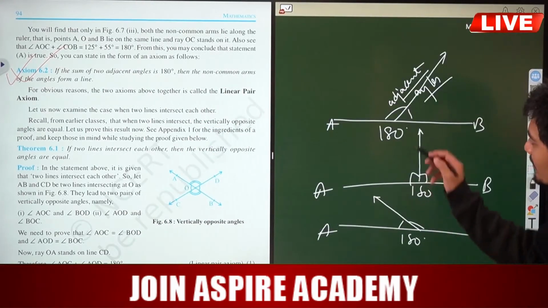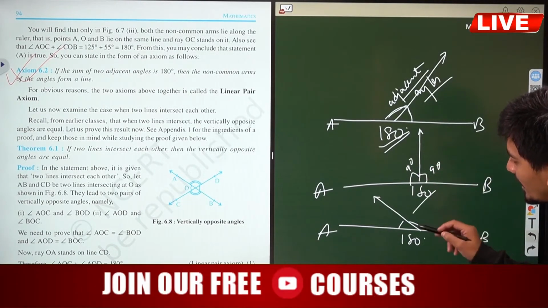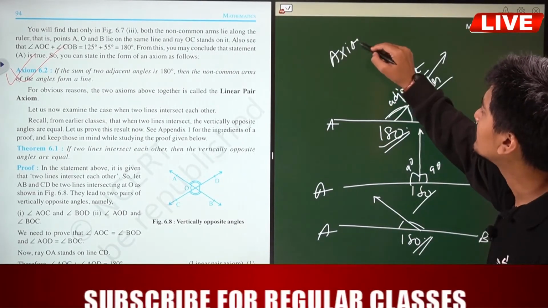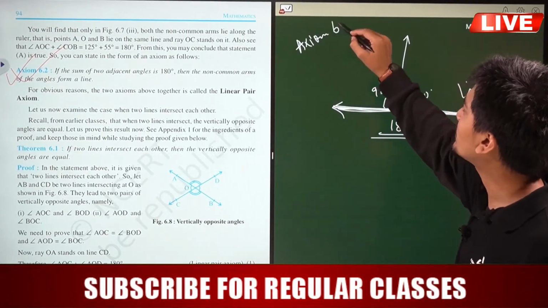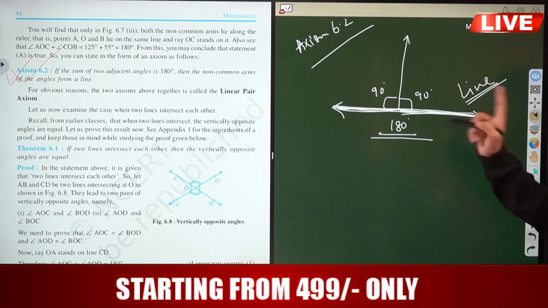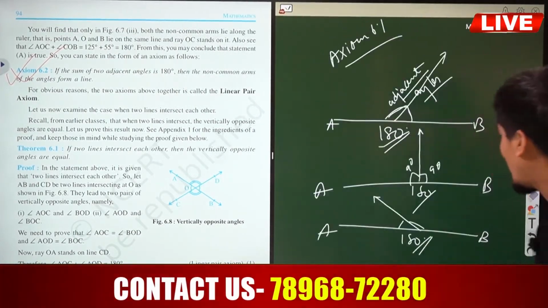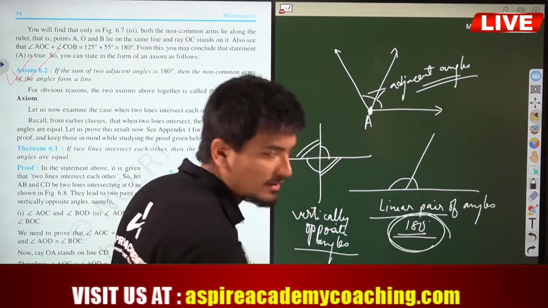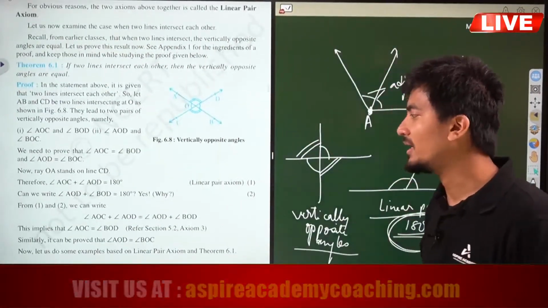Why linear pair? Because this angle and this angle together make 180 degrees. This is for axiom 6.1 and this is for axiom 6.2. So both axiom 6.1 and axiom 6.2 are known as the linear pair axiom, because for a linear pair the sum of the angles is always 180 degrees. Understood? These are the basic things we need to understand.